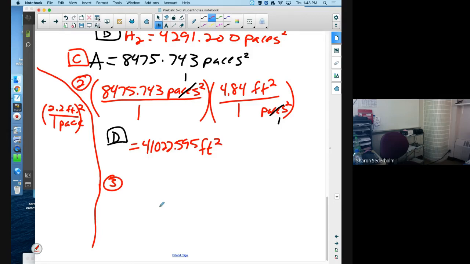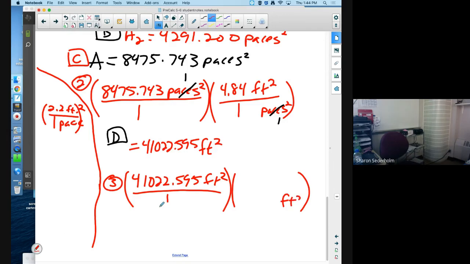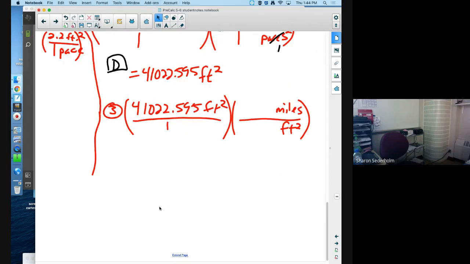There are 5,280 feet in a mile. Convert the area to square miles. That's what we're starting with. We need something with square feet and miles so that we can figure out what we have in our conversion.